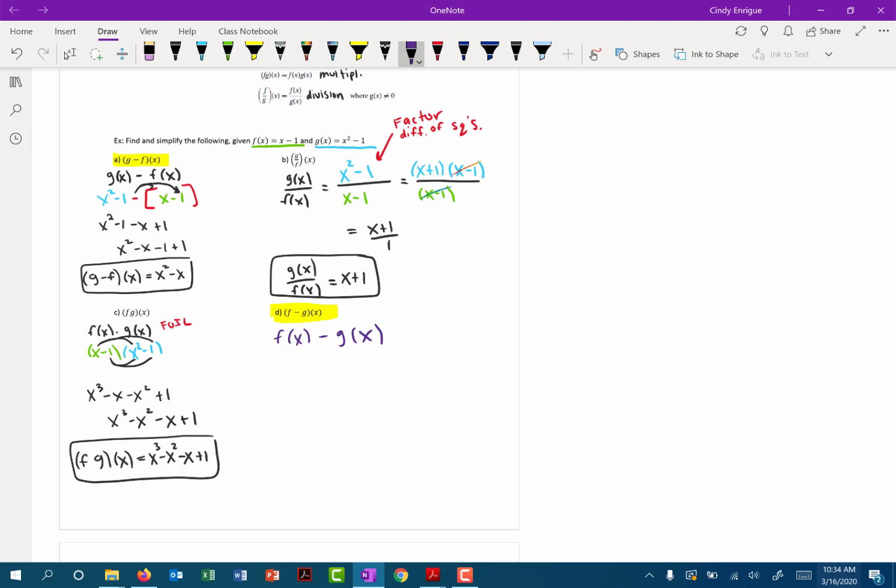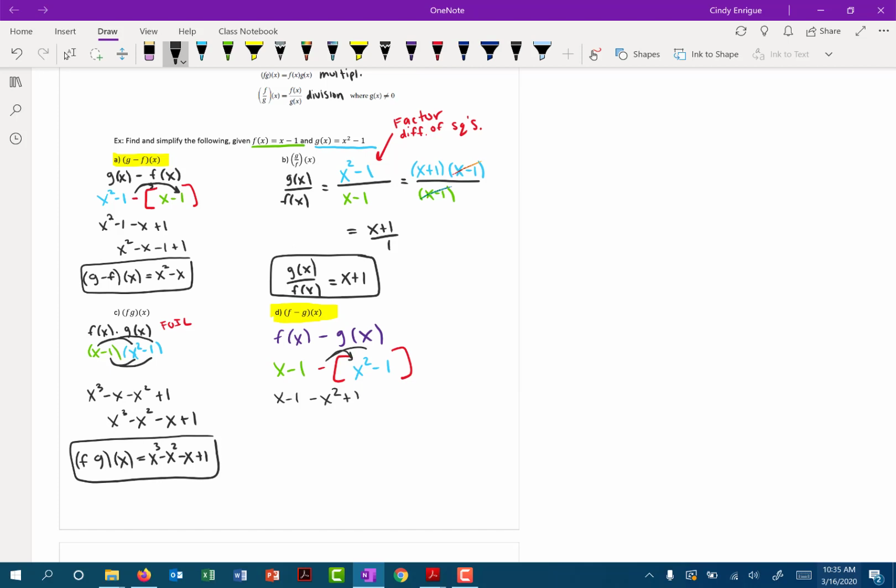So I know my f function, I have that as x minus 1. And don't forget, it's subtract the entire function, and that entire g function is my x squared minus 1. So when I write this out, I have x minus 1 minus x squared plus 1.